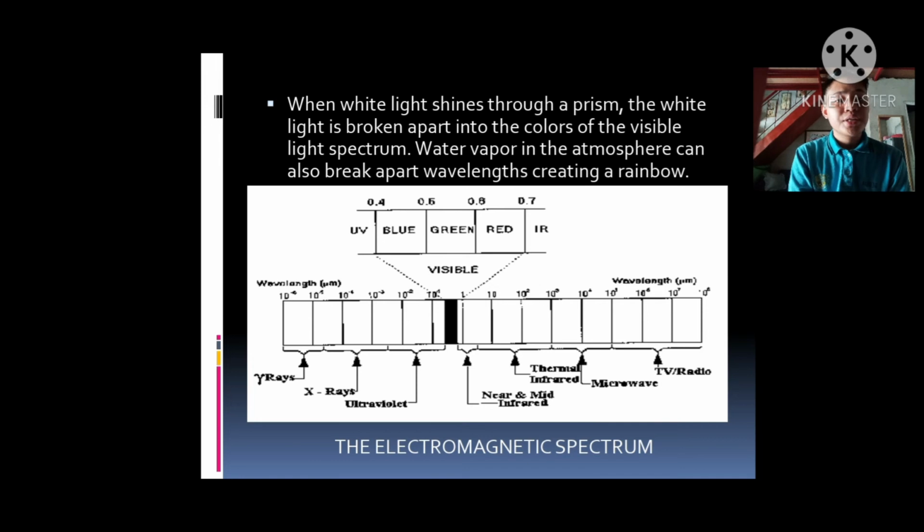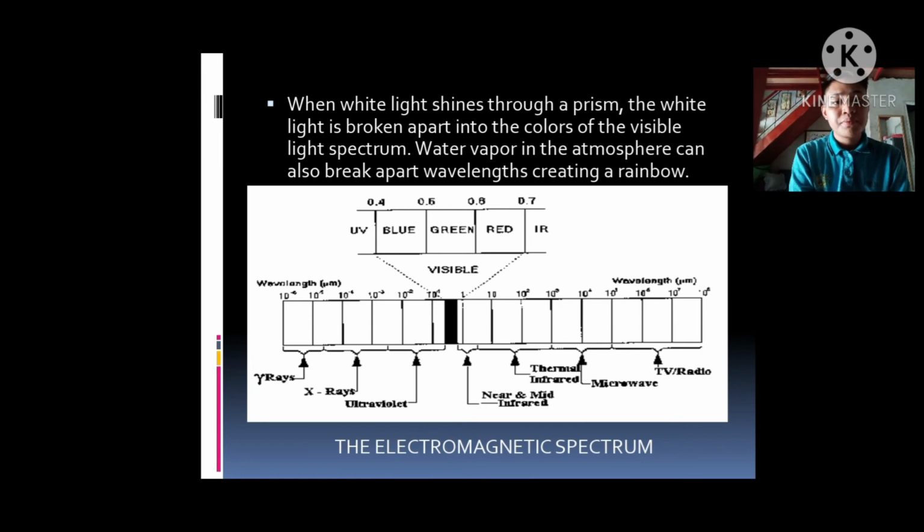Here's the illustration of the electromagnetic spectrum. First, downward we can see gamma rays, X-rays, and the ultraviolet. Then on the other side is the near and mid-infrared. Then thermal infrared, the microwave, and the TV radio.